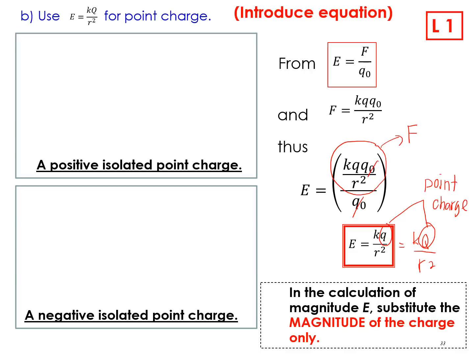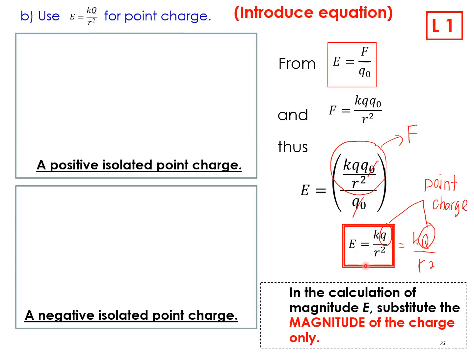Once again, you must remember that in order to calculate the value of electric field, we just substitute the magnitude of the charge, without including the sign of the charge. To determine the direction, I will show you after this.